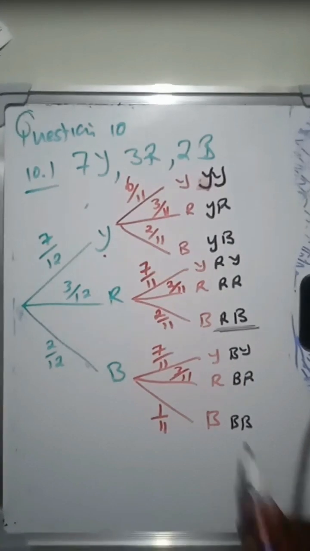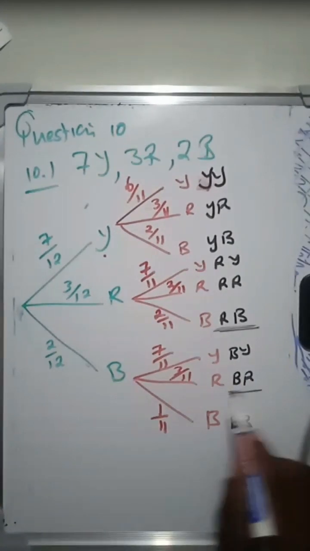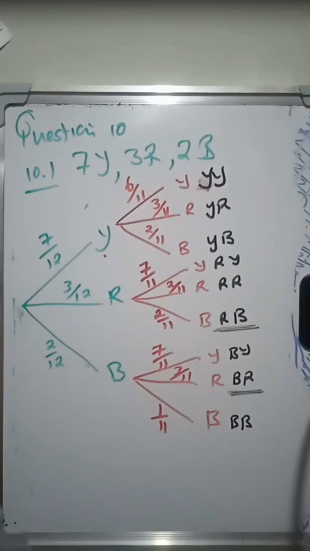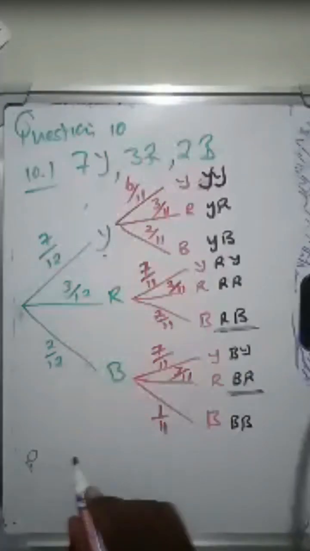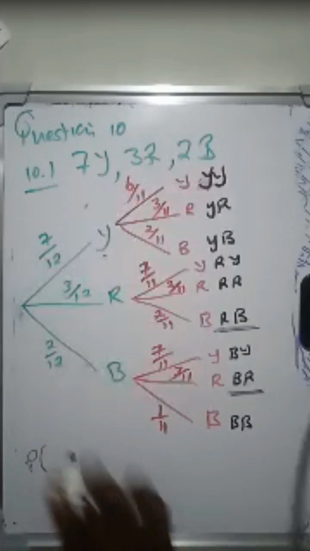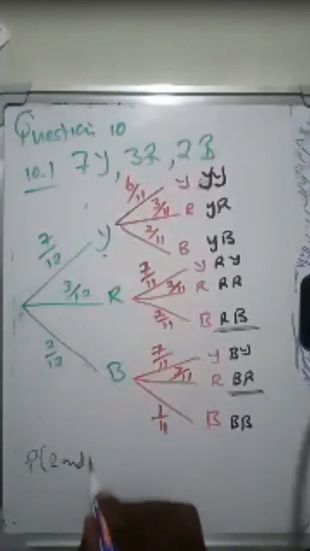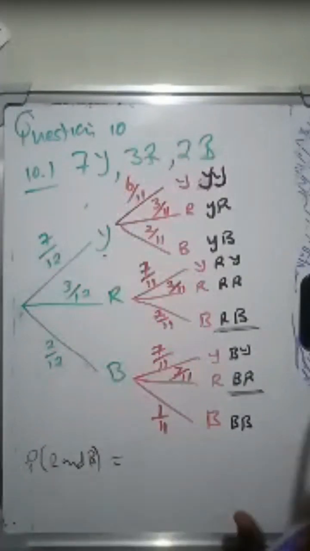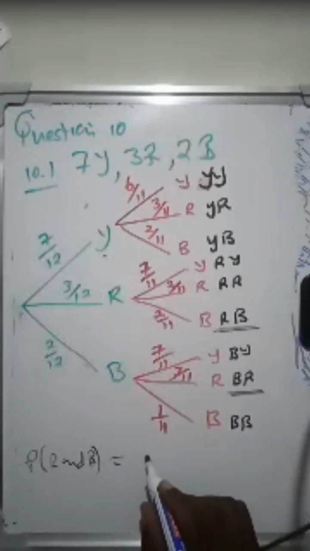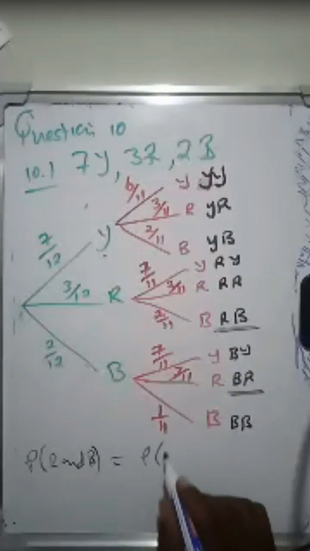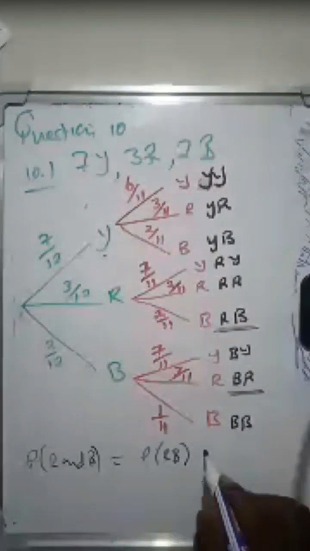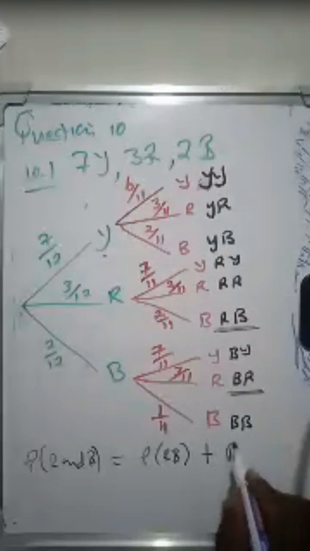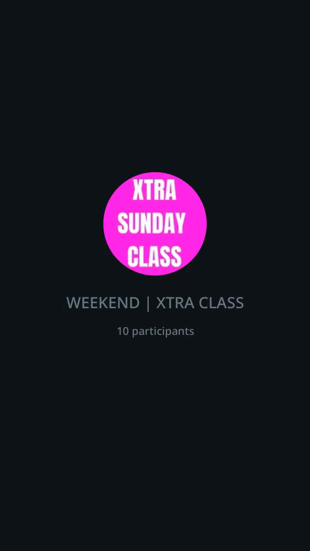Then we also have here. Okay? So the probability of red and blue is probability RB plus probability blue, red.